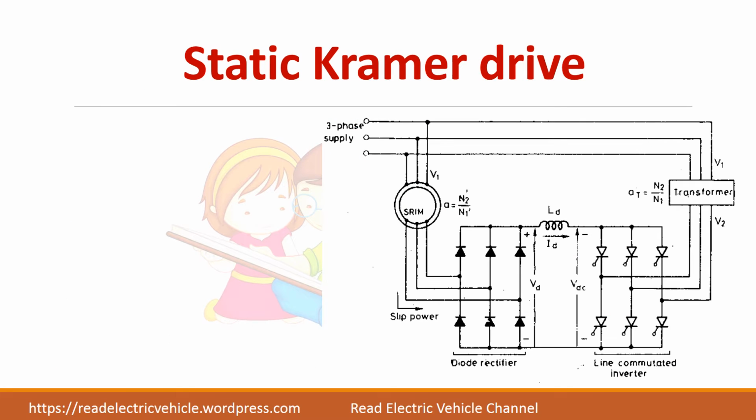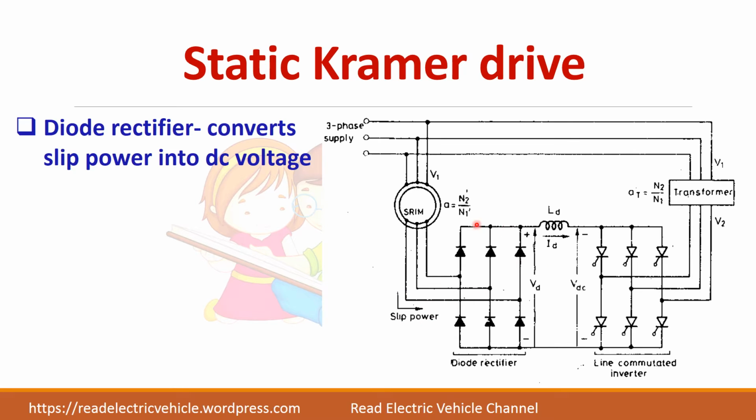Now we will see about the static Kramer drive system. Here we have a three-phase AC supply connected to the stator winding. From the rotor you are getting the slip power. This slip power is converted from AC into DC by this diode bridge rectifier, which will have some output ripple, which can be filtered out by this inductor.